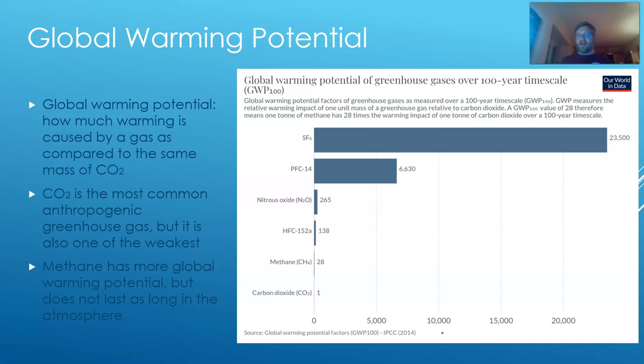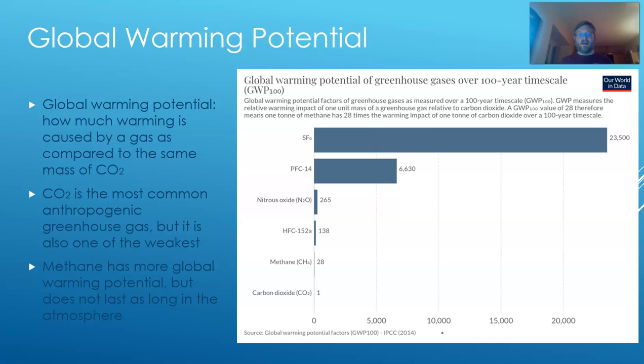So CO2, carbon dioxide, is our standard of comparison. Right? CO2 we designate as having a global warming potential of 1. So the warming potential of a kilogram of CO2 is the same as the warming potential of a kilogram of CO2, right? That's self-evident, I think. And so then everything else is measured relative to CO2. So how does it compare to CO2?